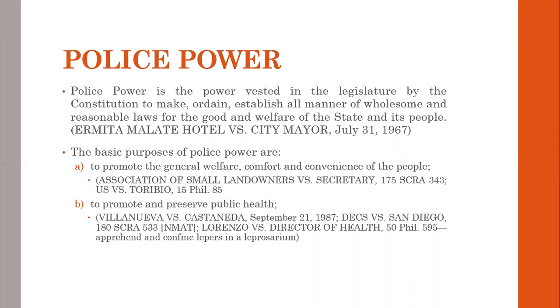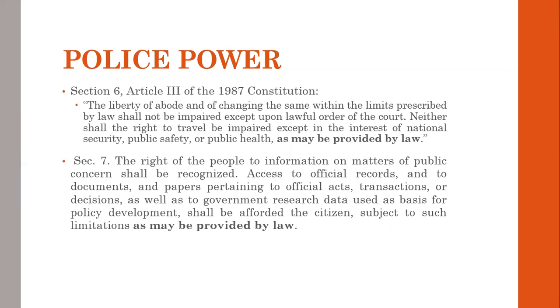So let me give you an example of the application of police power. We know that under Article 3 of the 1987 Constitution, we have certain rights. Police power comes in if the state wants to regulate some rights.